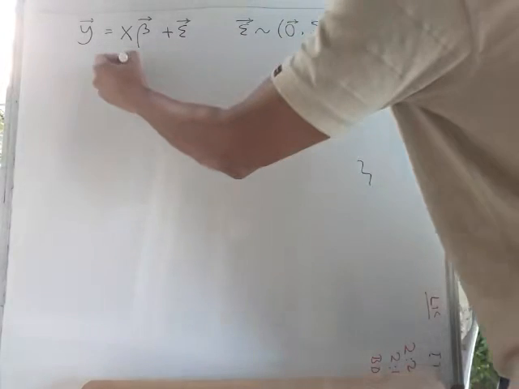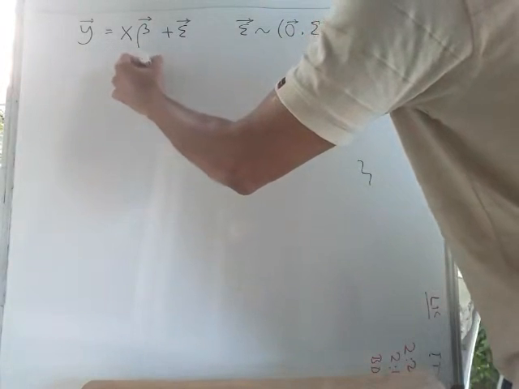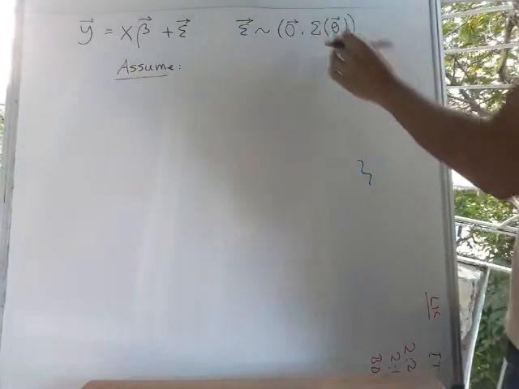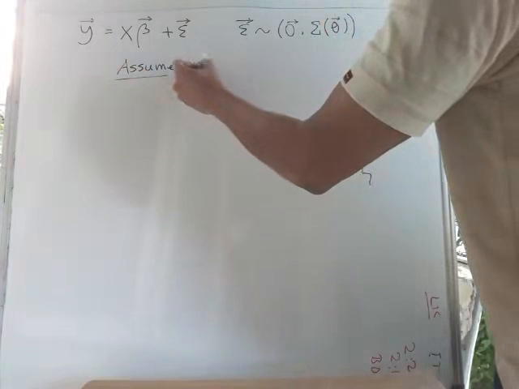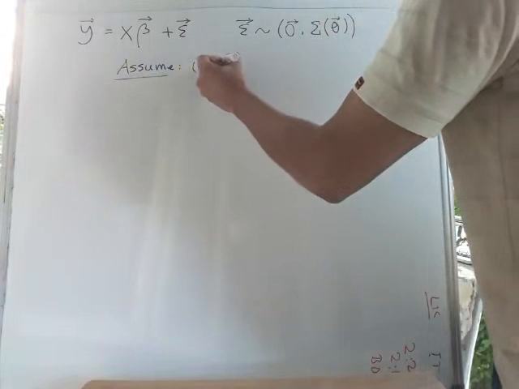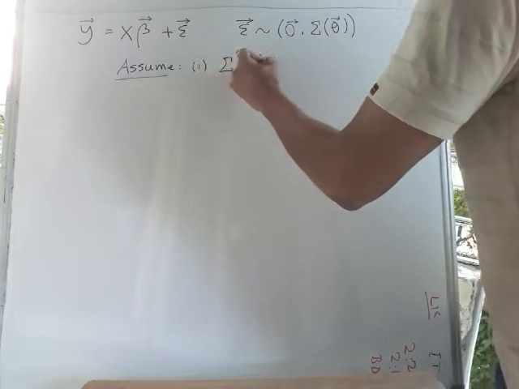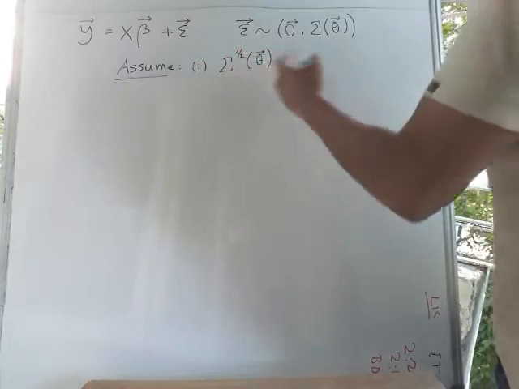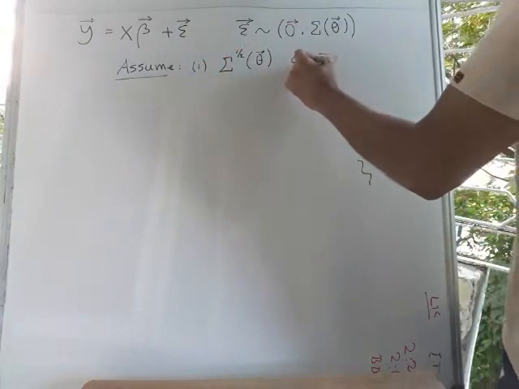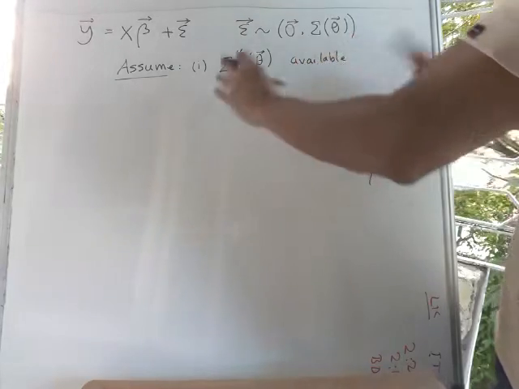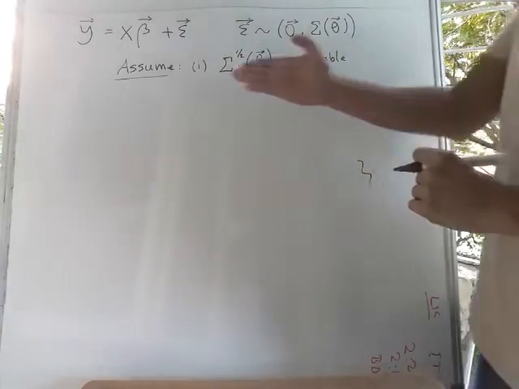Number one, these are computational assumptions on the structure of capital sigma. One, we can find the Cholesky decomposition or some such square root decomposition analytically. So this is available. You really do not have to carry out any numerical technique to do this.